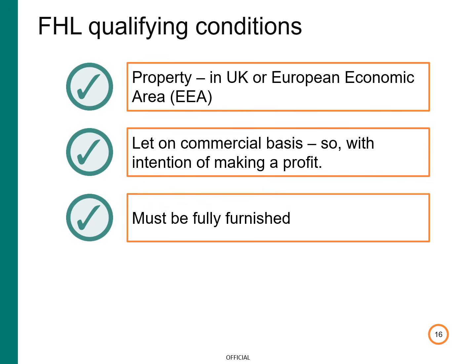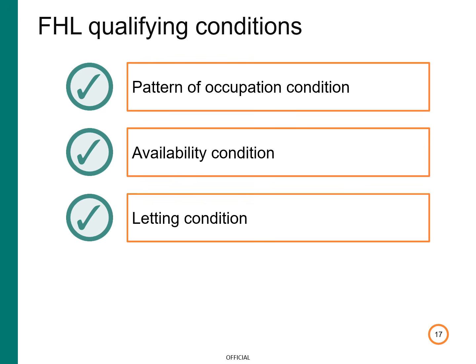To qualify as an FHL, firstly, the property must be in the UK or European Economic Area, or EEA. It must be let on a commercial basis, so with the intention of making a profit, and it must be fully furnished. There are three further conditions which must all be met for a property to qualify as an FHL.